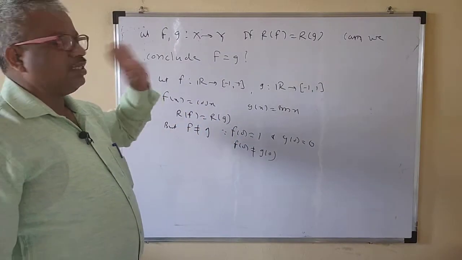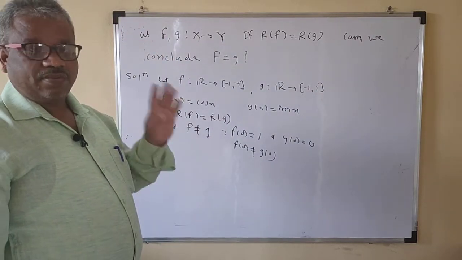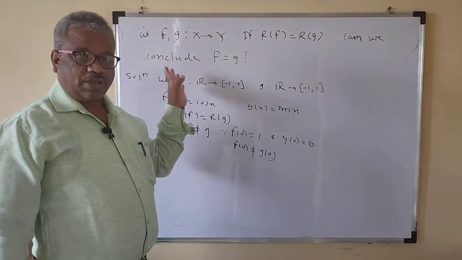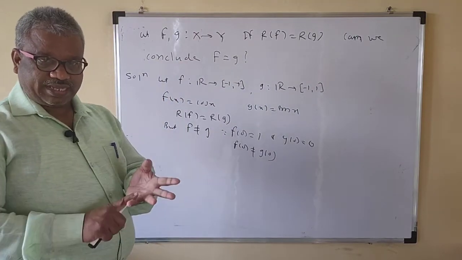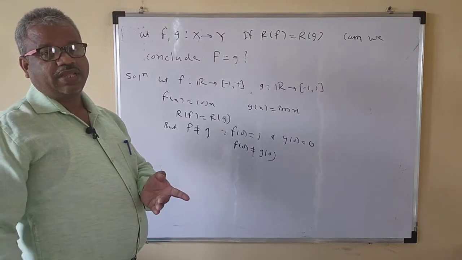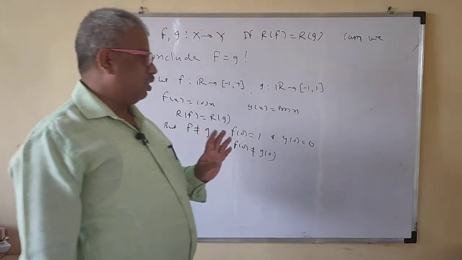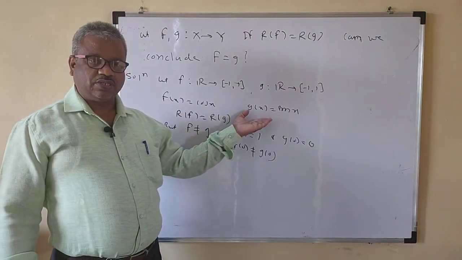But the ranges are the same, right? Ranges are the same, domains are the same, codomains are the same, but we cannot say that the functions are equal. So domains are the same, codomains are the same, the ranges are also the same, but that does not imply that the functions are equal. So this is the better example: f of x is equal to cos x and g of x is equal to sin x.